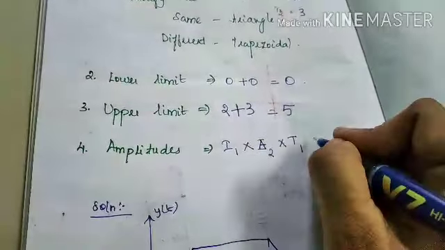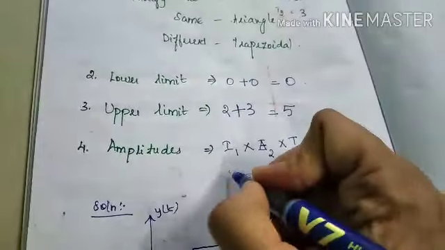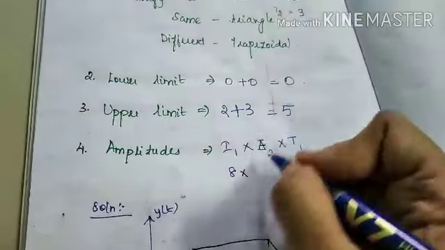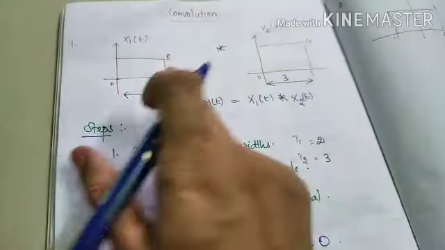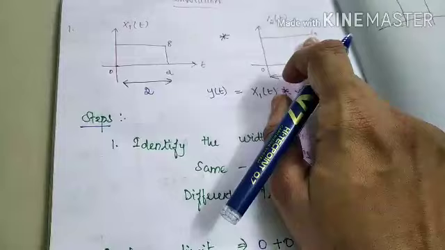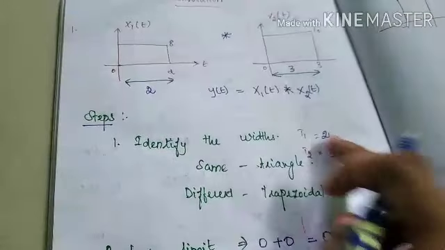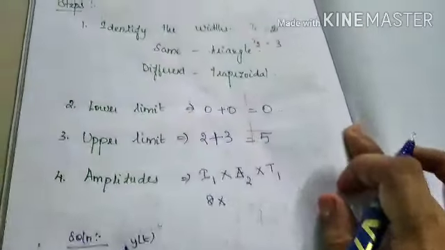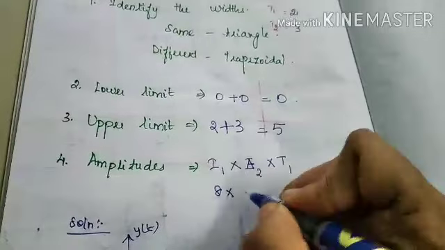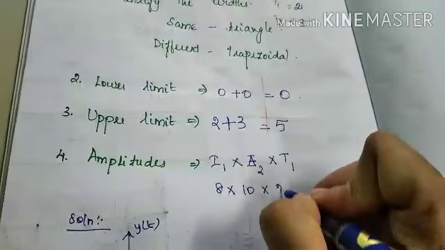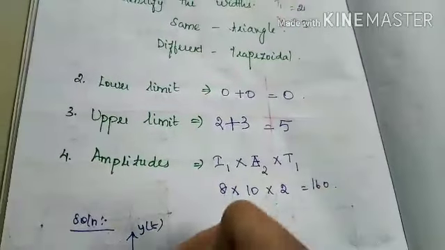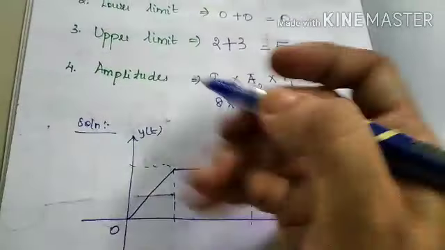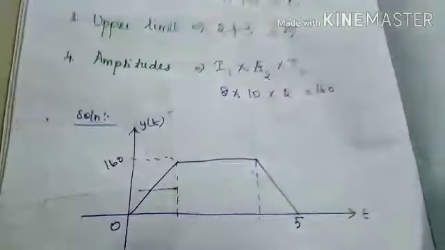The T1 value here is 2. The amplitude of the first input plot is 8, the amplitude of the second input plot is 10, and our T1 value is 2. Now I am going to multiply all these three values: 8 into 10 into 2, which is equal to 160. So the amplitude of our output plot is 160.